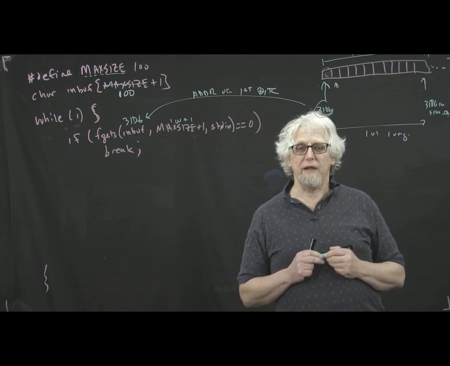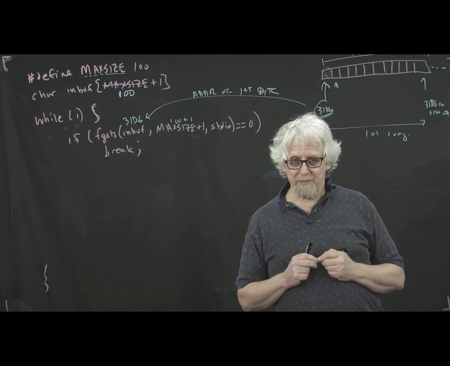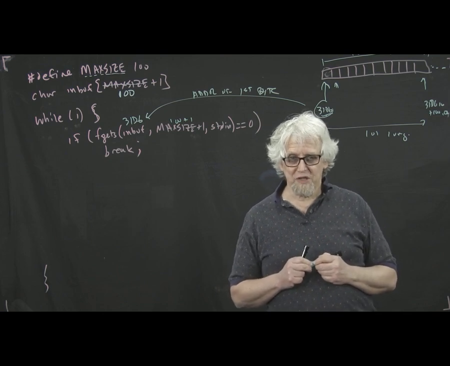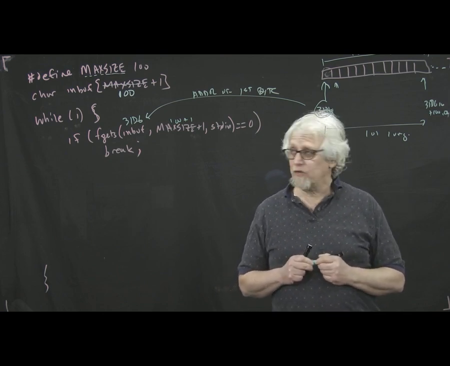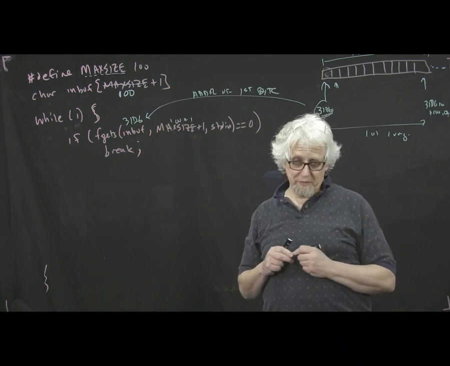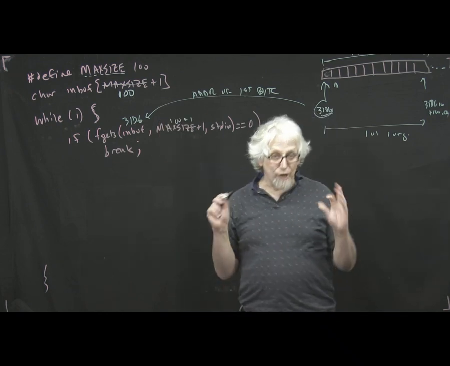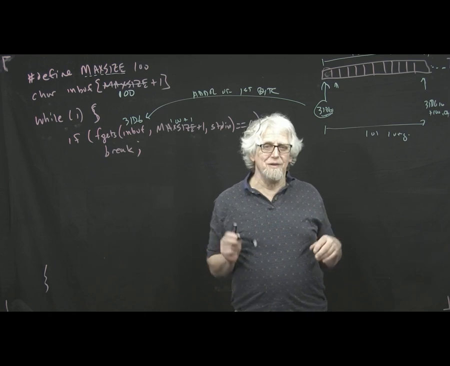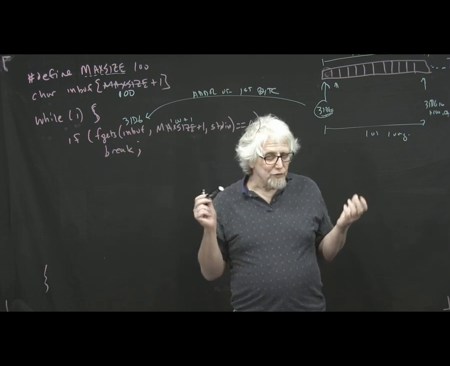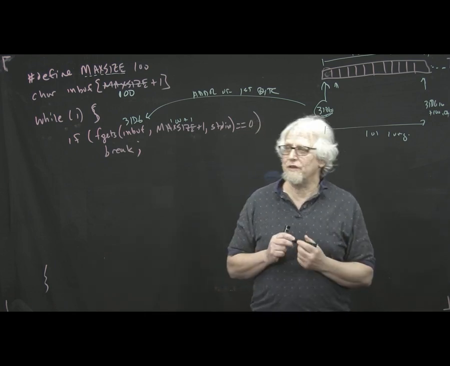And then that last character, that last byte of memory, will be the 0 which fgets puts there. So that's why all these +1s are floating around. All right? Just to remind you that there's an extra byte that you don't get to use, because it's going to be the 0, which is at the end. Okay?